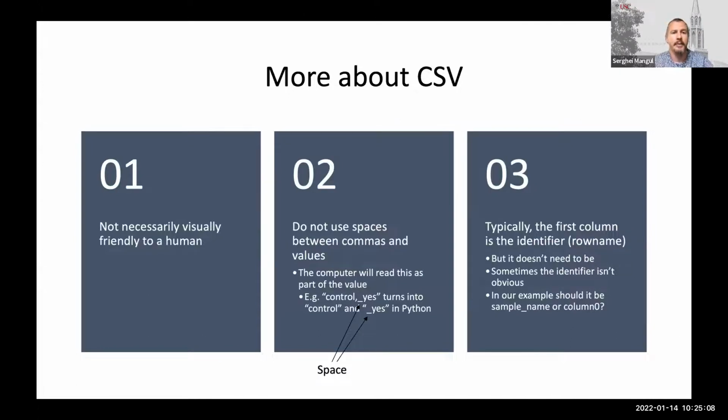You collect a bunch of blood samples, biopsies, and so on, so that information will be the identifier, because everything else is about that sample or that biopsy. Sometimes it makes sense, sometimes it's not obvious. Sometimes the data might not have an identifier. That's fine.